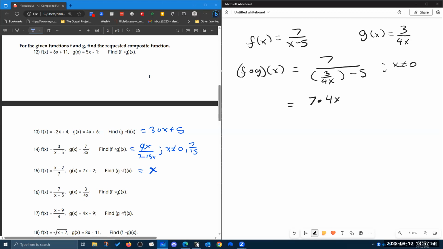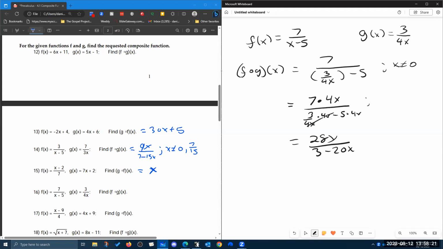I'm going to multiply everything by 4x. It's going to give me 28x over 3 minus 20x.